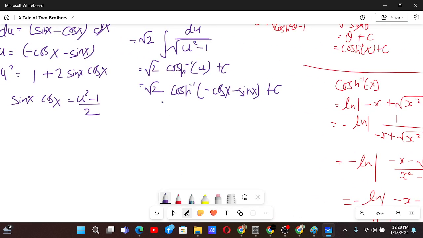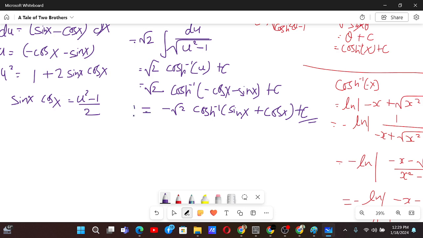what we can do is root 2 and then minus cosh inverse of sin x, sorry, let me write it again. So this is minus root 2 cosh inverse sin x plus cos x plus c. So this is our second integral.